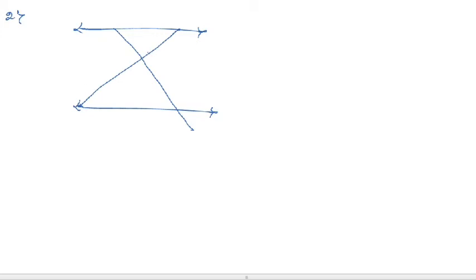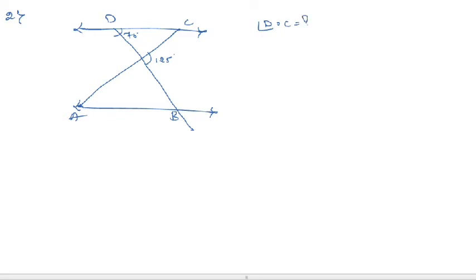So it is 125 degrees, it is 70 degrees, and the points are named C, D, A, B. Here, find what is DOC. What is asked here?